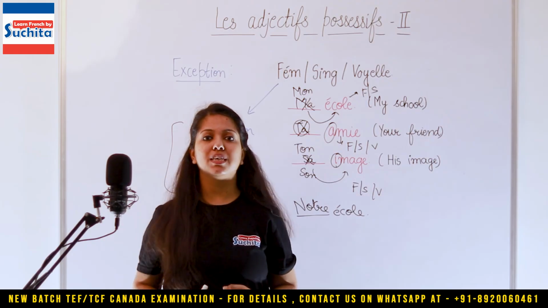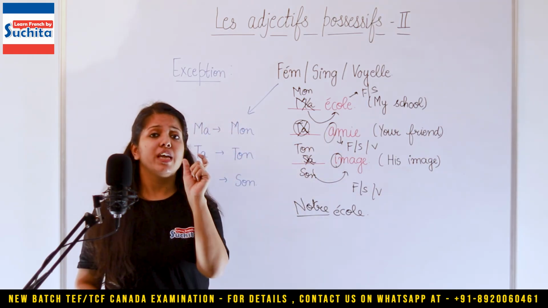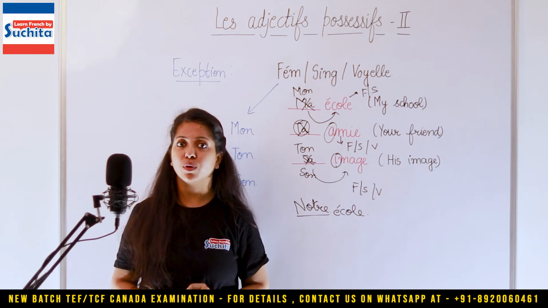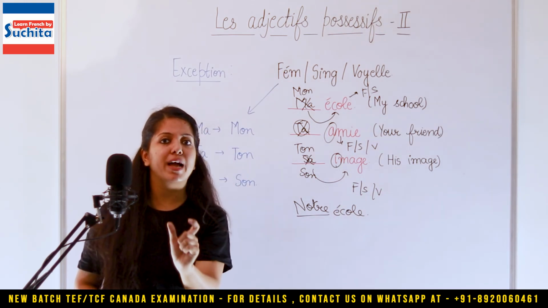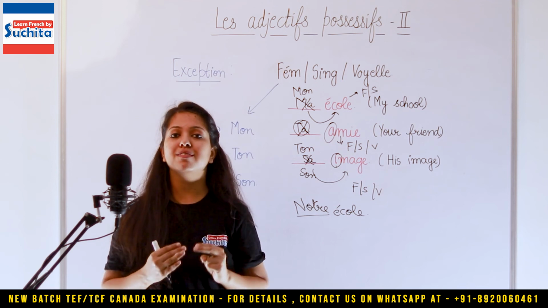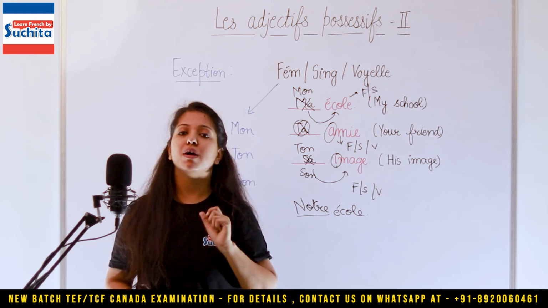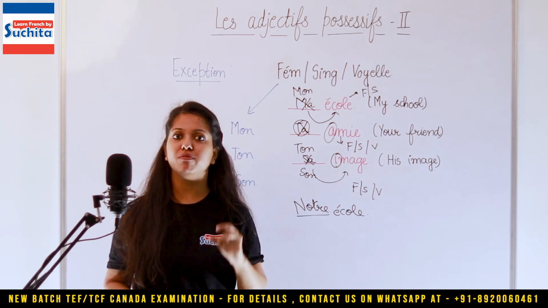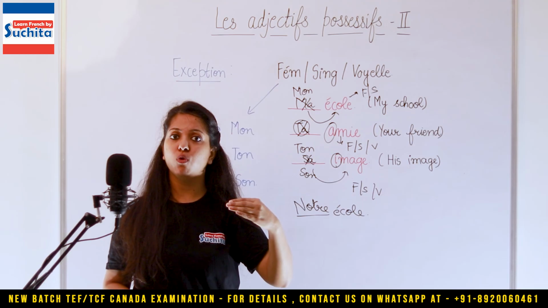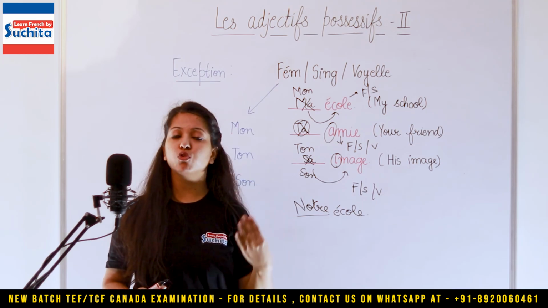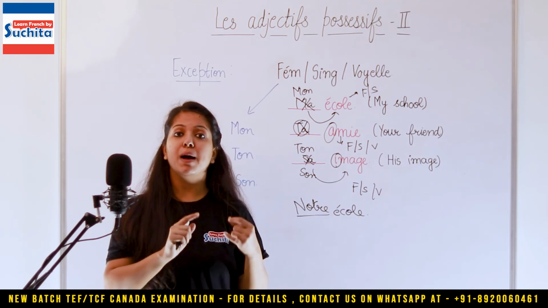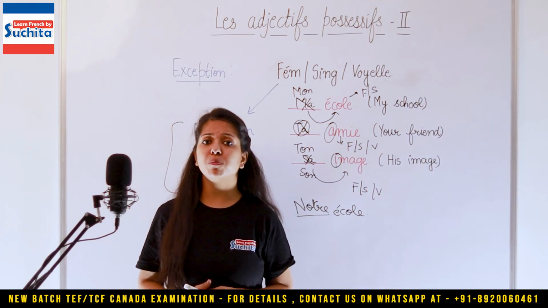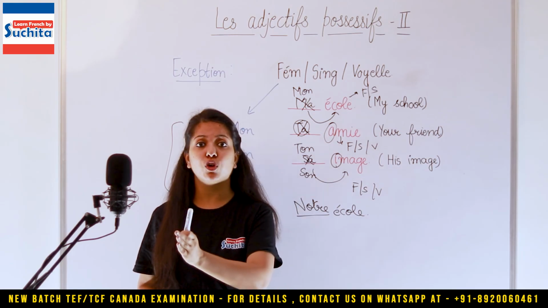I would repeat it to explain better. If a feminine singular noun begins with a vowel, in that case, you do not apply the rules of the feminine singular column, you apply the rule of the masculine singular column. So the masculine singular column, which was mon, ton, son, notre, votre, leur, applies to all the nouns which are masculine singular, but also to feminine singular nouns beginning with a vowel.